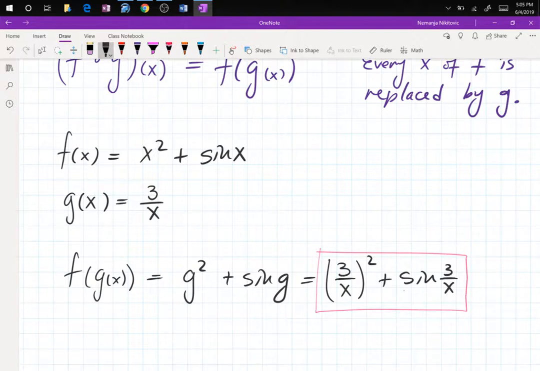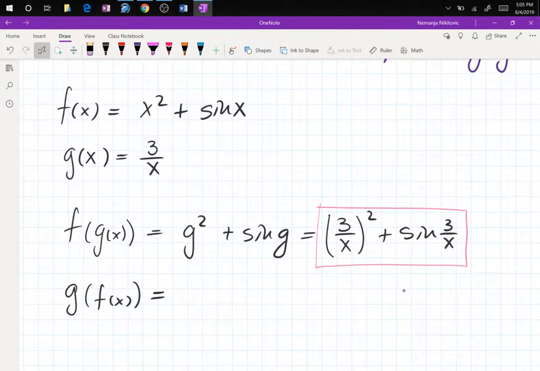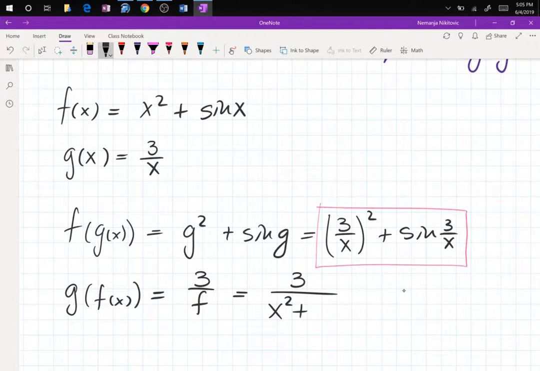We can also figure out g of f of x, where g is the boss and f is the one that gets plugged in. So 3 over f, which is 3 over x squared plus sine x. And we see that the outcome is completely different when you compose them the other way.